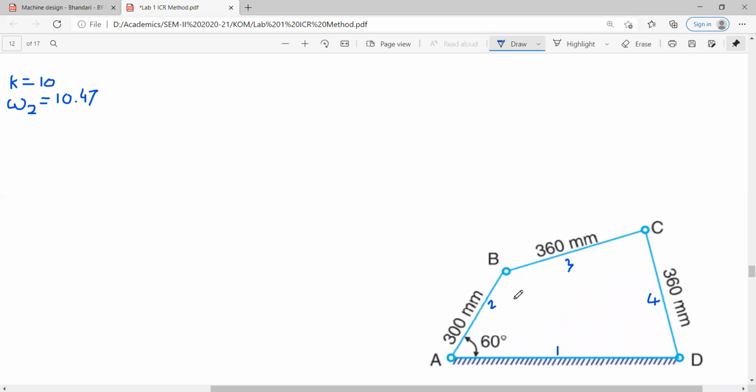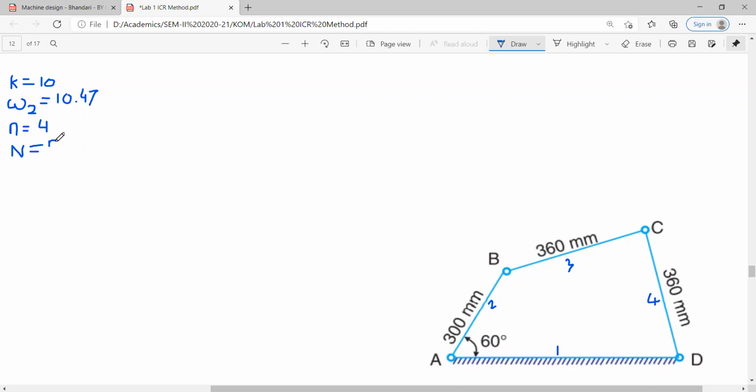Okay, so see, ICRs. You have seen that there are 4 links. Number of links are 4, n is equal to 4. With the help of the formula, we can find out number of ICRs. So number of ICR capital N will be equal to, what is the formula to calculate it?